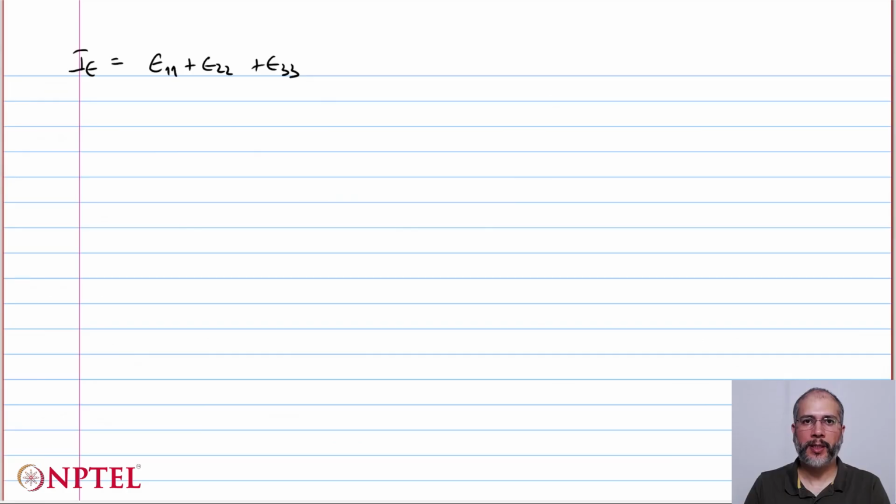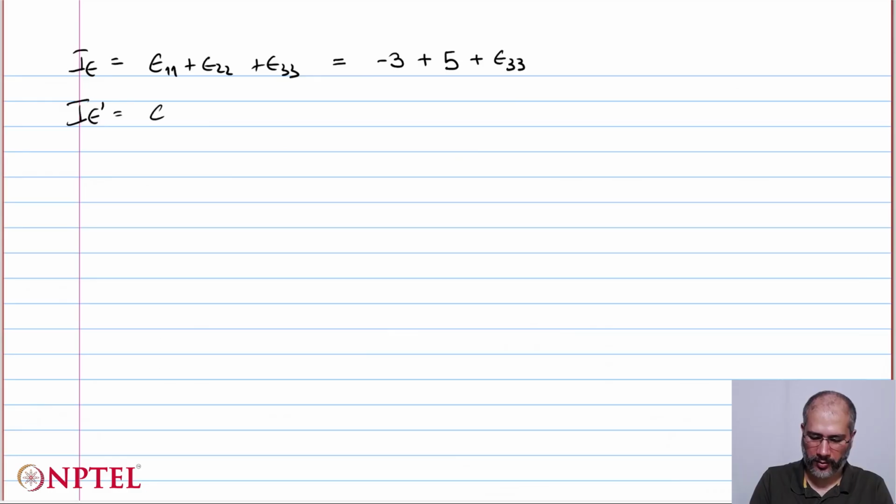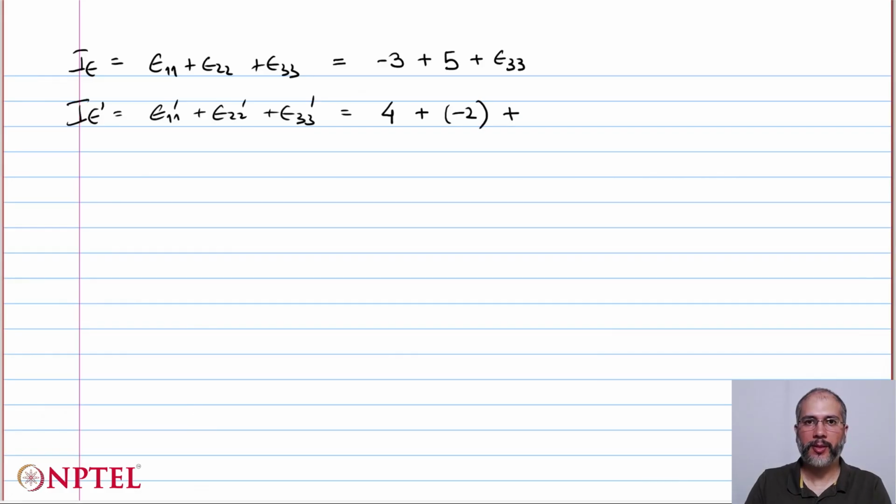So the first invariant of epsilon is given as this, and when I substitute the values, epsilon 1 1 is minus 3, epsilon 2 2 was found out to be 5, and epsilon 3 3 we will leave as it is because we do not know this. And the first invariant of epsilon prime is, now epsilon 1 1 prime was given to be 4, epsilon 2 2 prime we found out to be minus 2, and epsilon 3 3 prime is simply epsilon 3 3.